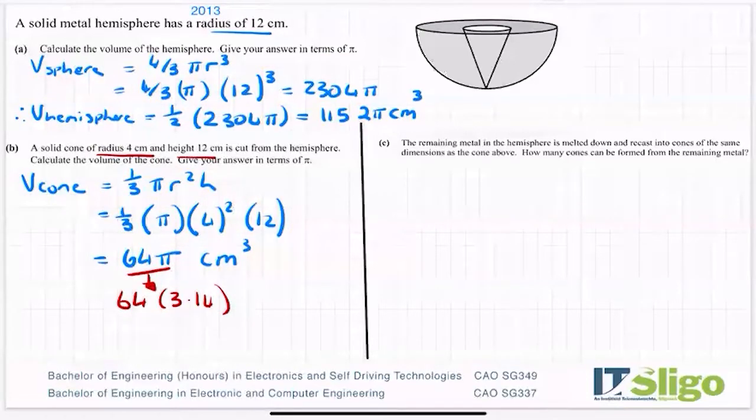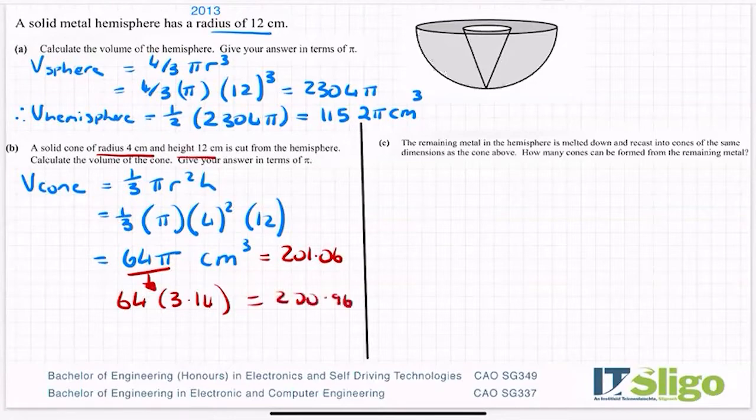If you hit S to D on your calculator, you will see 201.06. Putting in 64 by 3.14 gives the rounded version, 200.96, just because this was rounded to 2 decimal places. Pi in your answer had all the places, so this one is more accurate.